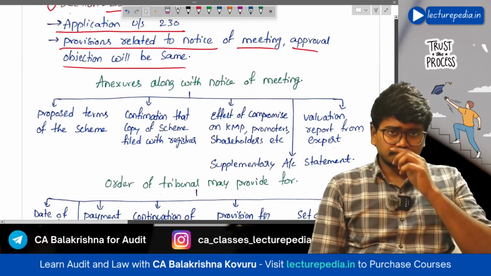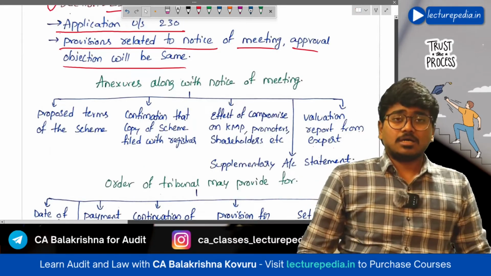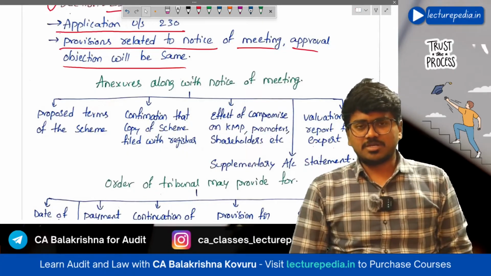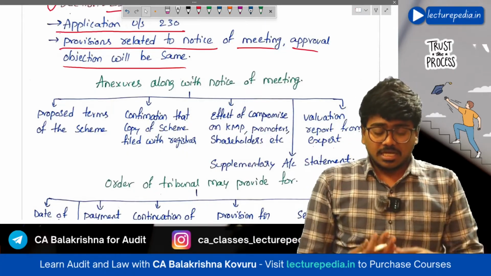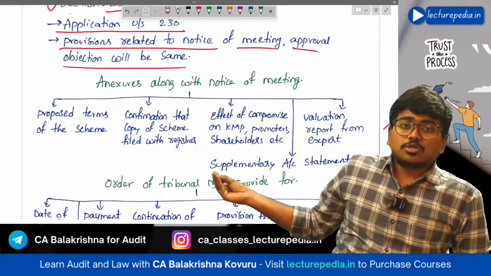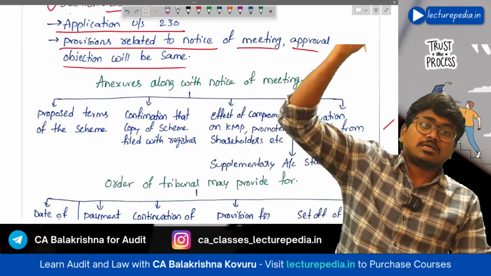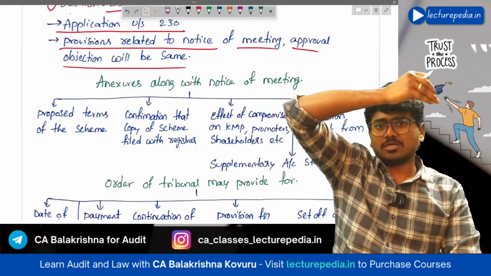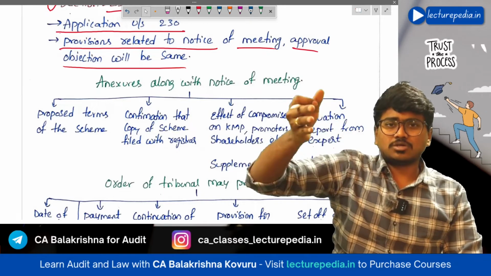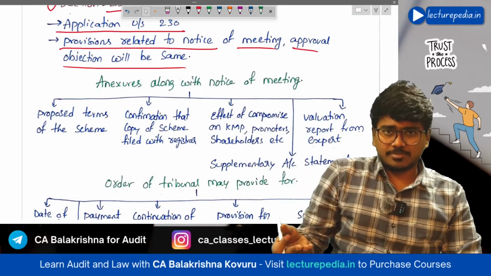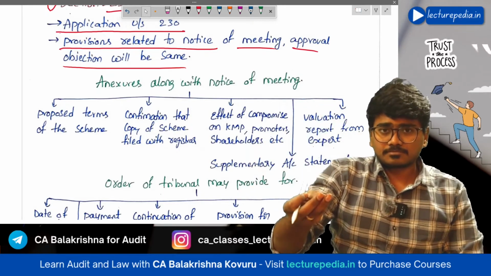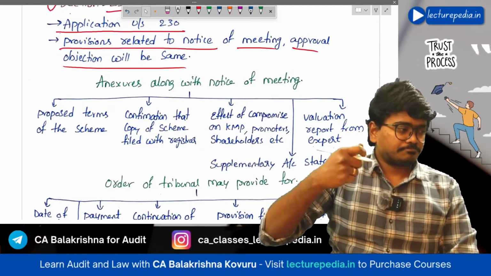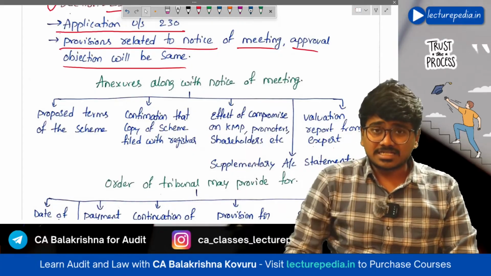Now, if the notice of meeting is with respect to this amalgamation or merger, then along with the notice you have to give the following annexures. In case the notice is with respect to a normal compromise or arrangement, you give the normal disclosures like basic details of the company, whether this compromise or arrangement involves any corporate debt restructuring scheme.